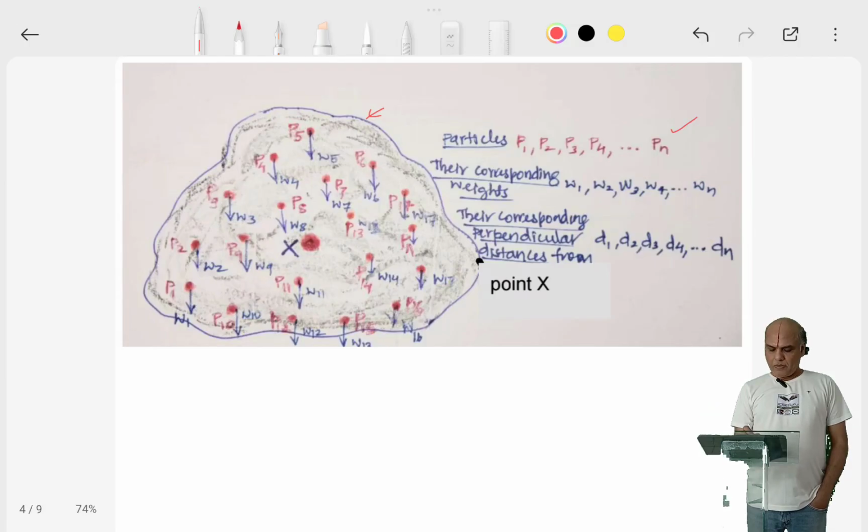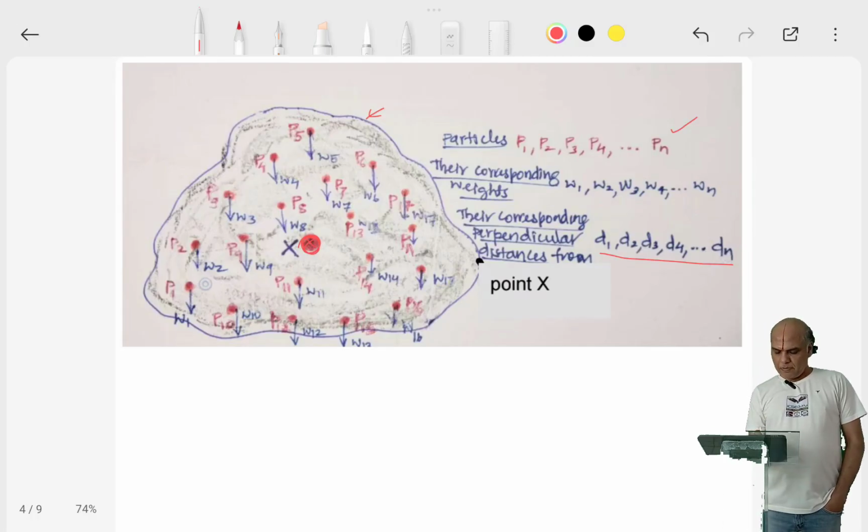Now consider an arbitrary point shown with red mark here and call it x. Now measure the distance of each individual point P1, P2 from this x and call them D1, D2, D3, D4, so on till Dn. This is the perpendicular distance from x.